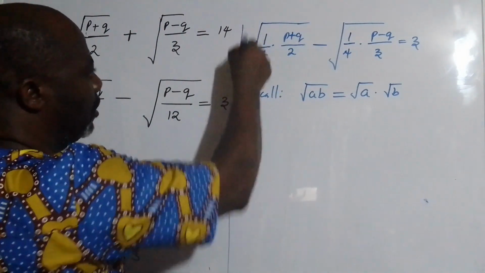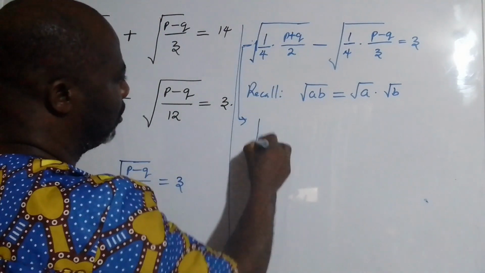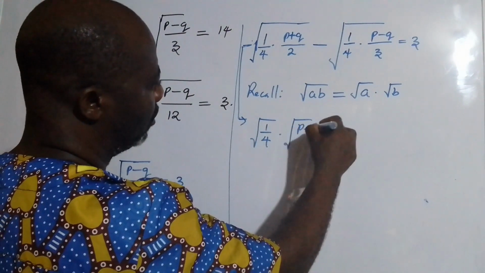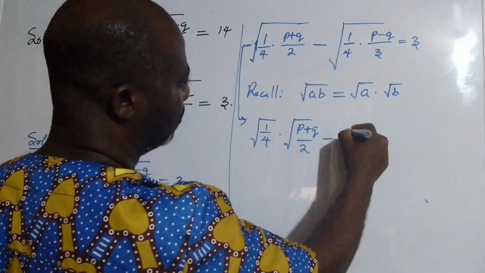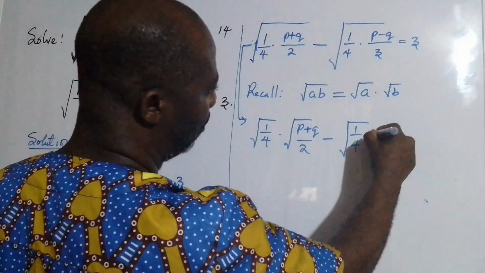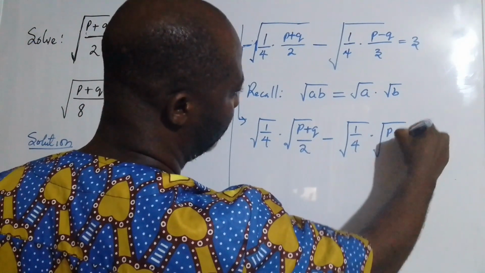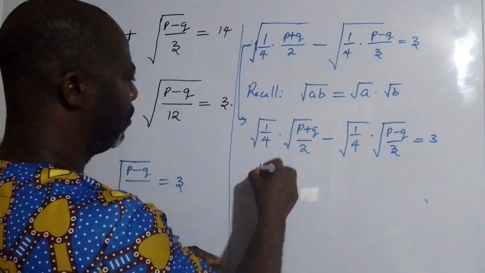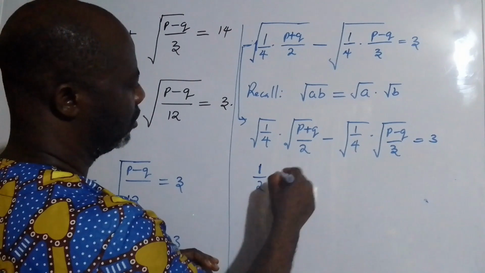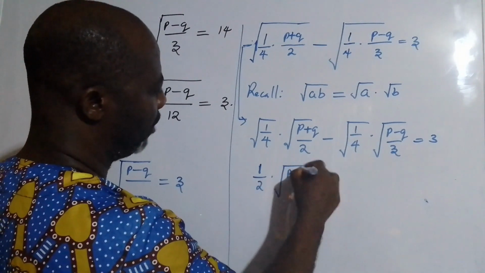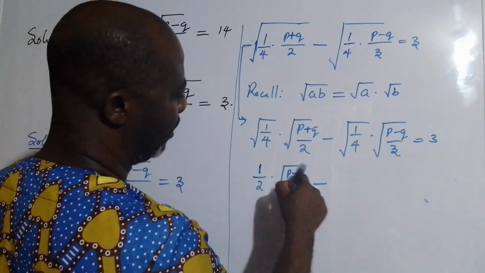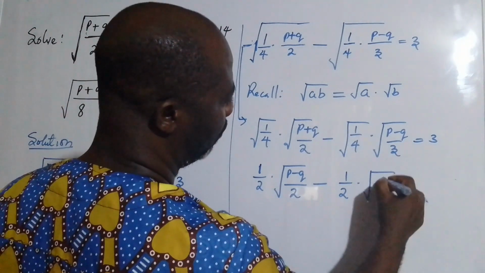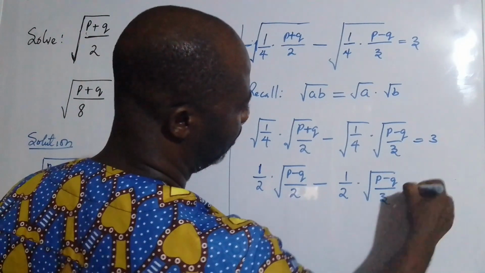So this equation now becomes square root of 1 over 4 dot square root of p plus q over 2, minus square root of 1 over 4 dot square root of p minus q over 3, equals 3. This will give 1 over 2 dot square root of p plus q over 2, minus 1 over 2 dot square root of p minus q over 3, equals 3.